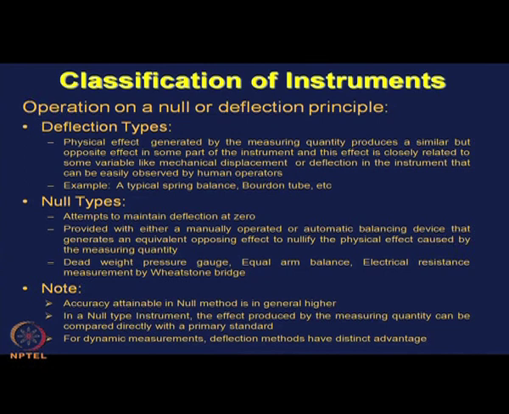So, the physical effect in the deflection type of instrument that is generated by the measuring quantity produces a similar but opposite effect in some part of the instrument, and this effect is closely related to some variable like mechanical displacement or deflection in the instrument that can be easily observed by a human operator.